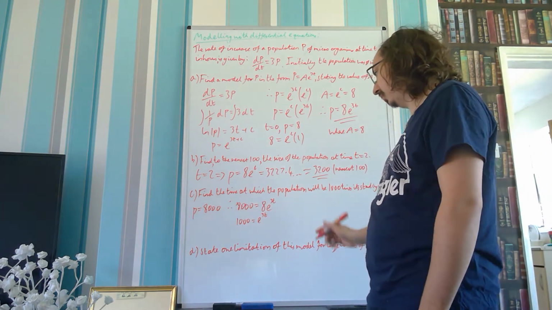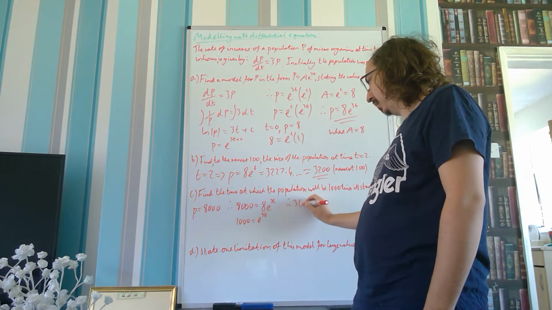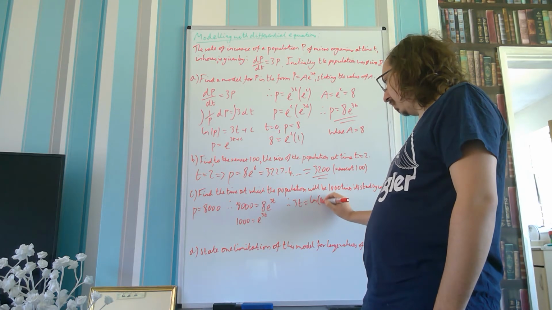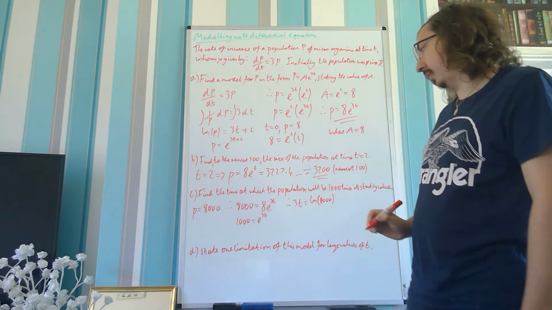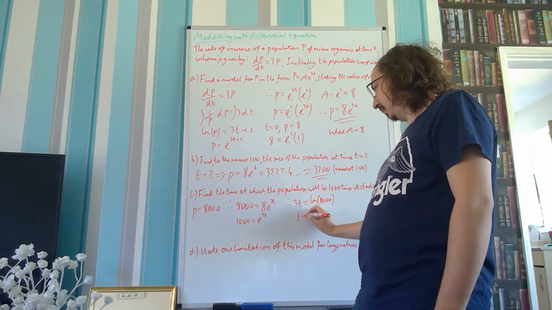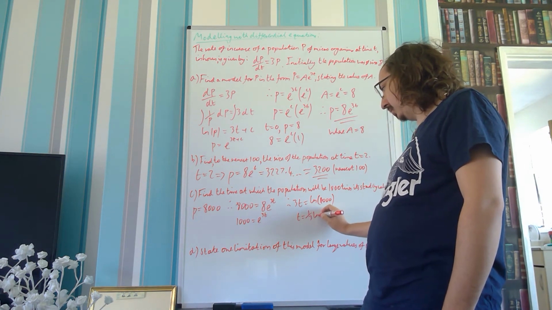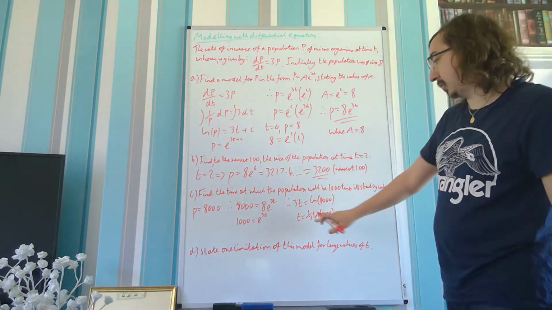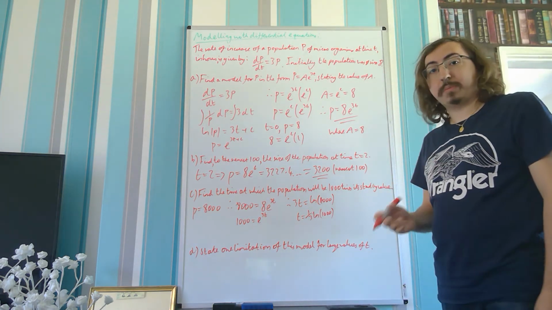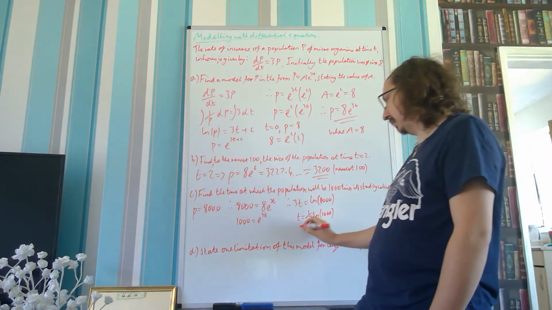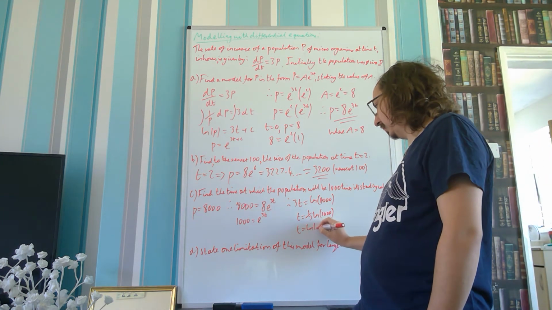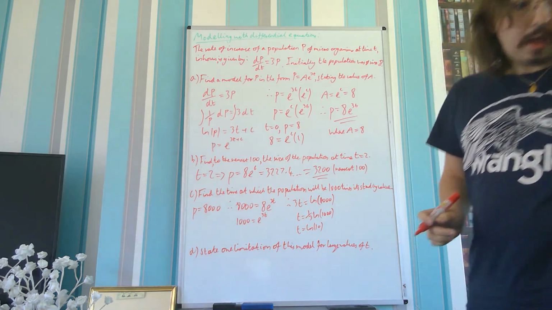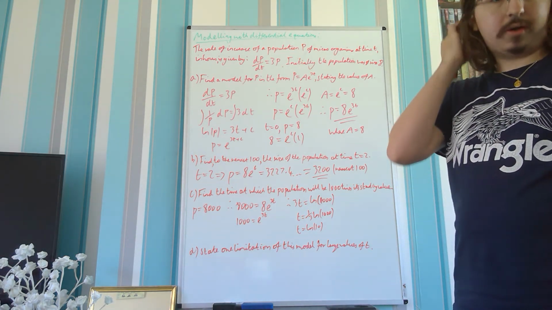We can take natural logarithms of both sides. So 3t = ln 1000. t = one third times ln 1000, which we can bring up as a power, and the cube root of 1000 is 10. So t = ln 10. Generally that would be okay.